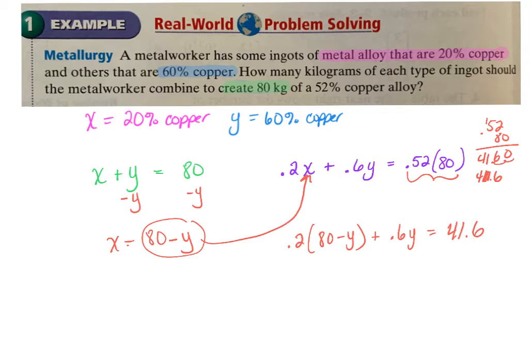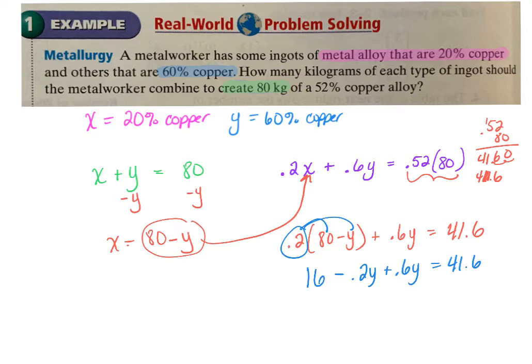Now, how do I solve this? What do I do to solve? Distribute. I'm going to take my 0.2 and multiply 0.2 times 80. What's 2 times 80? 160. I have one decimal, so 0.2 times 80 is 16. 16 minus 0.2y plus 0.6y equals 41.6.